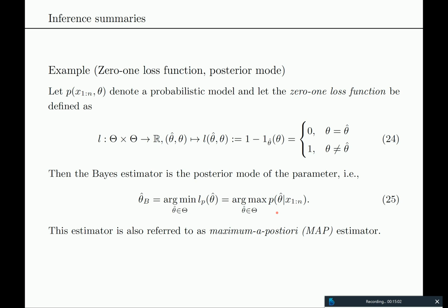I think often in machine learning books, at least, when posterior distributions are introduced, it's often said, then you can use a MAP estimator, maybe more than you can use the expected value of the posterior distribution. So why is this?